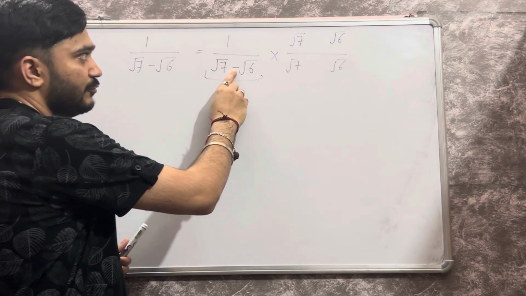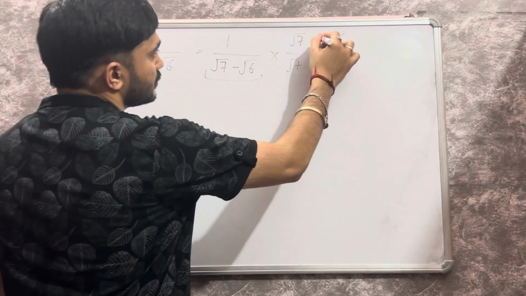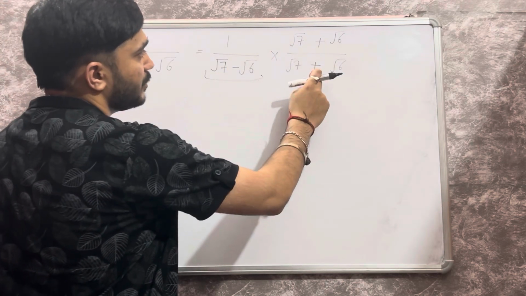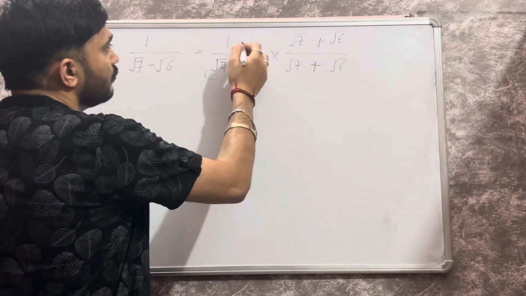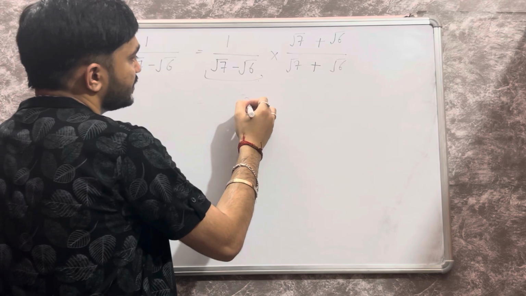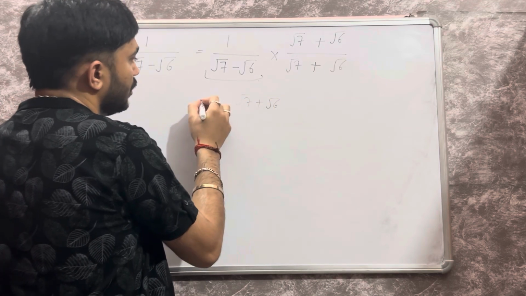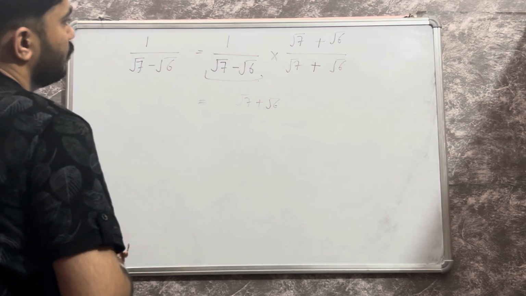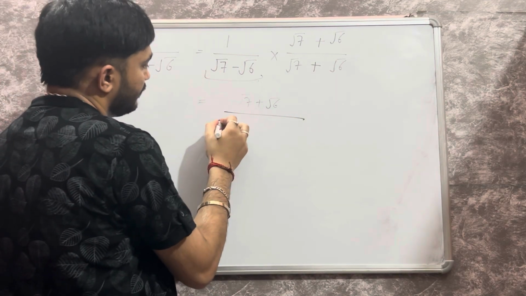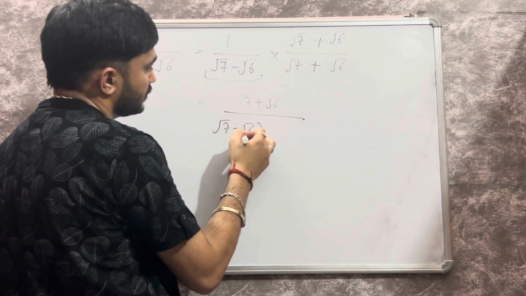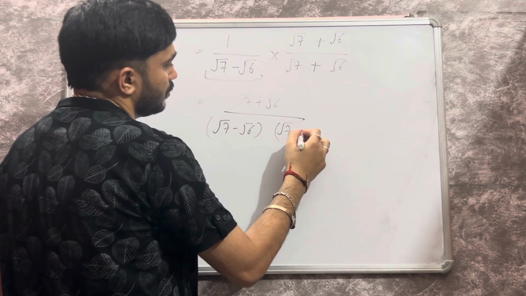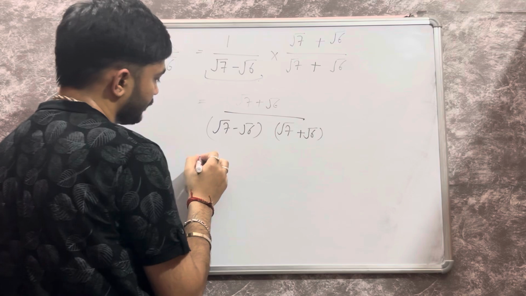If it is negative you are going to write plus here. If it is positive you are going to write minus here. Now solve this. 1 into any number is the same number, so you get under root 7 plus under root 6. Now in the denominator, you will have under root 7 minus under root 6 multiplied by under root 7 plus under root 6.